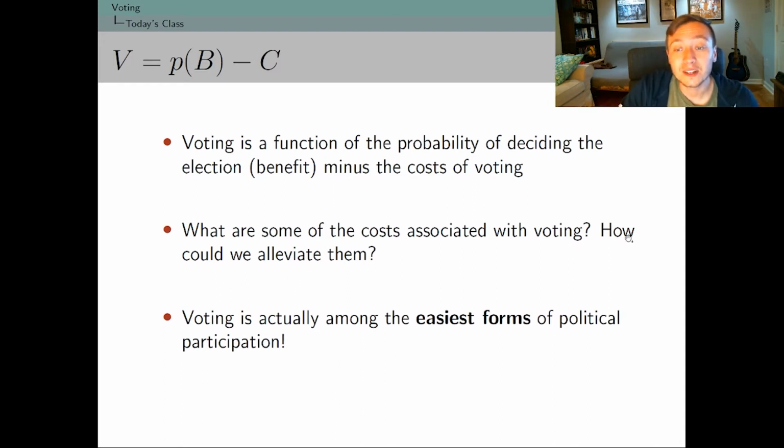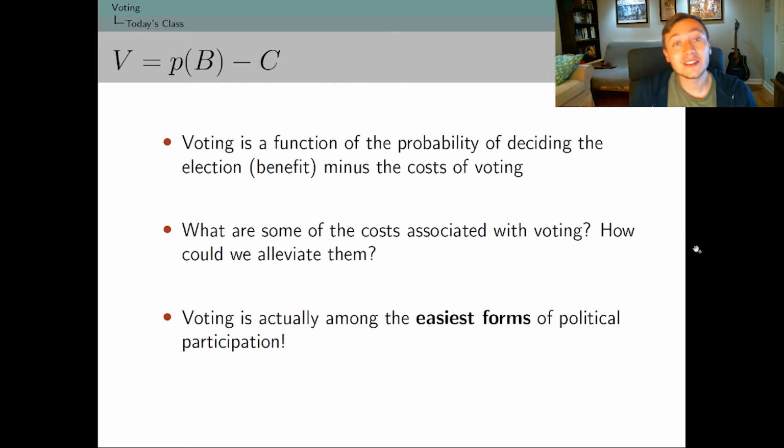And anytime we've got time and effort associated with an activity, that's going to mean a cost, even if it's small, even if it means going to vote and standing in line for 15 minutes in a well-run and widely available polling place. That is still going to be bigger than PB.